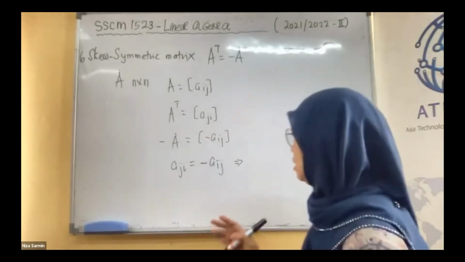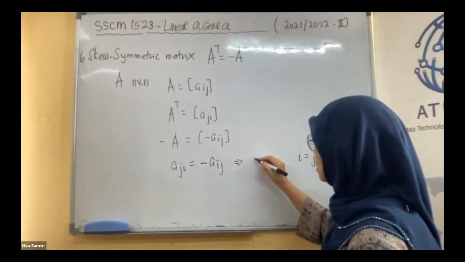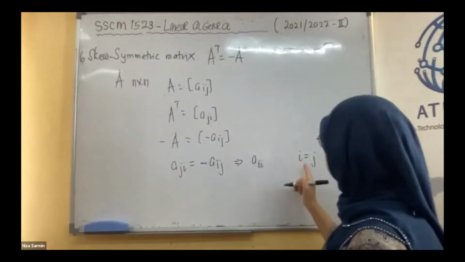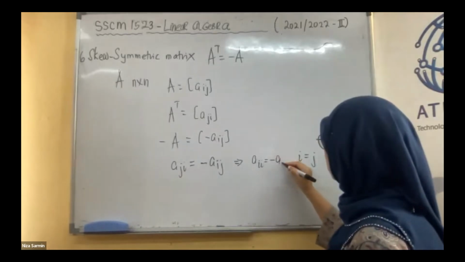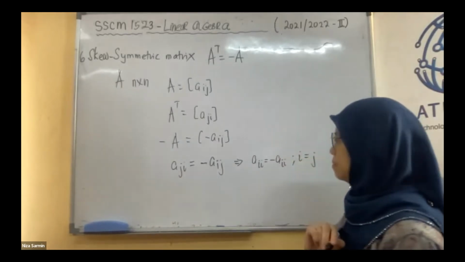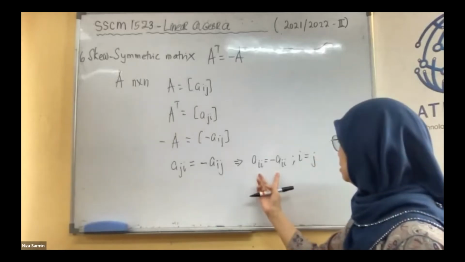If i is j, Aii is negative Aii. Can you solve this?